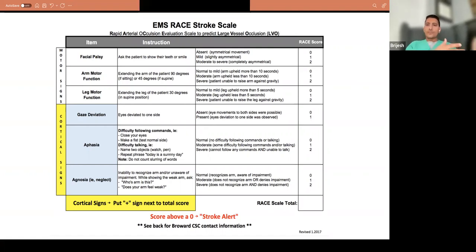So again, standing on the appropriate side of the stretcher, you can say, raise your arm, and you want to ask them to raise it up at least 45 degrees, and keep it up. So you want to keep prompting them, because one of the things that these patients commonly experience is trouble with comprehension. So you want to simulate while you're verbally prompting them, raise your left arm, keep it up.